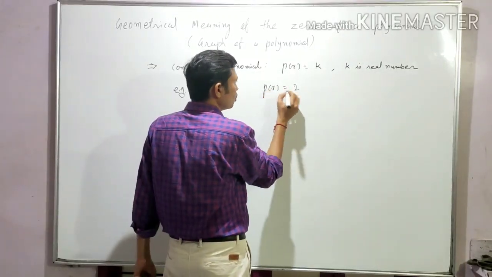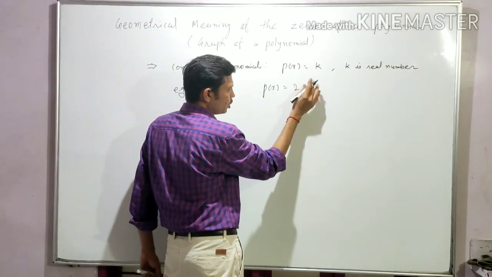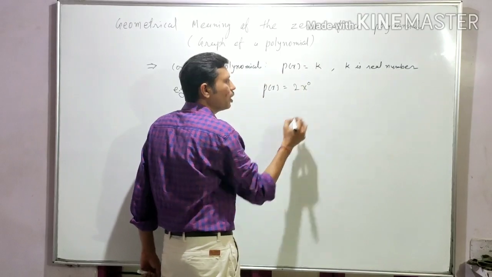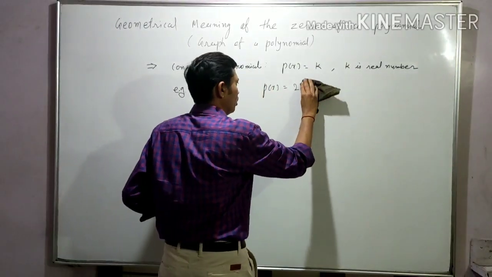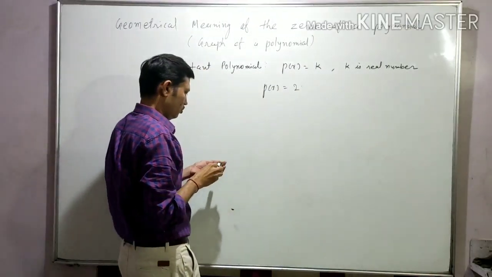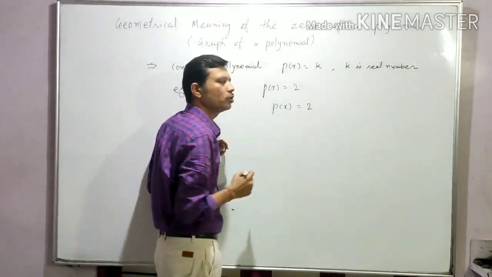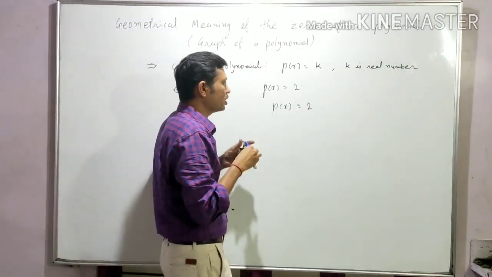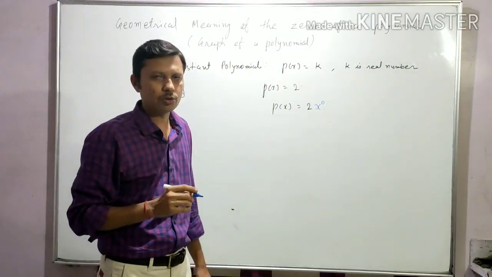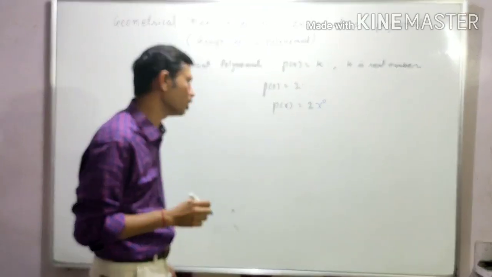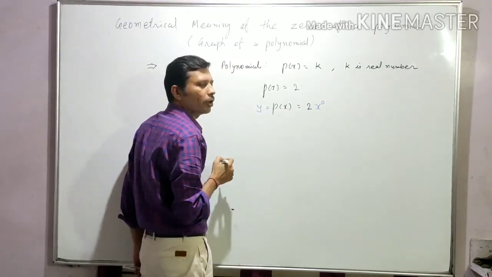Okay, so here what is the x coordinate, bachcho? See, there is no variable, so it's a constant polynomial, so that means the variable x power is what? 0. To understand it in a better way, we write it like this: p of x is equal to 2. The variable x is not there, so I will consider it as x to the power 0, that means 0 degree polynomial, that is the constant polynomial, and the answer of this will reflect as the y coordinate.